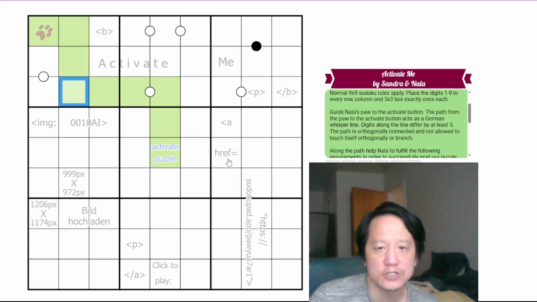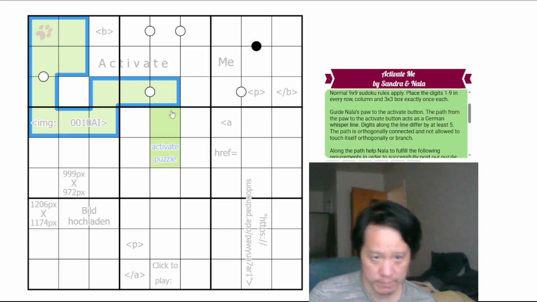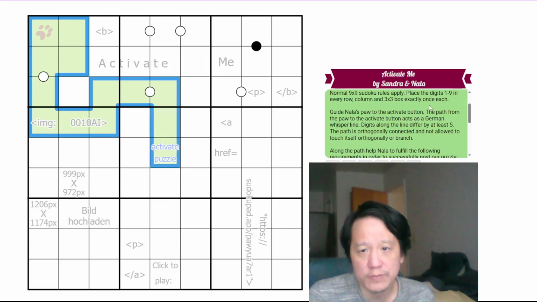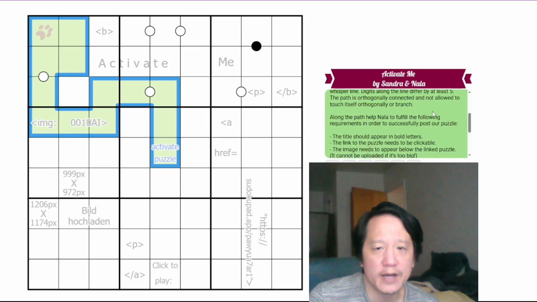It cannot touch itself orthogonally or branch, so you cannot go into multiple directions on this path. And it also cannot touch itself orthogonally, which would mean doing something like this. This is not allowed. It can't go back here and then go here. So those are the restrictions for the path.